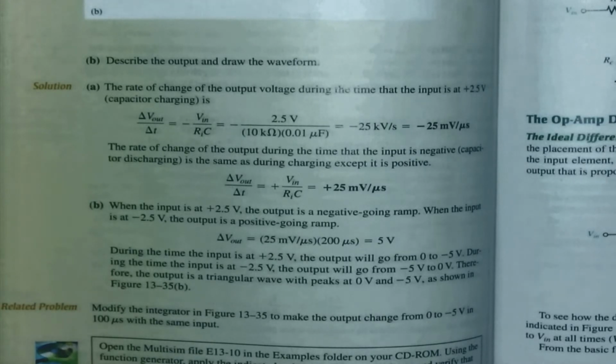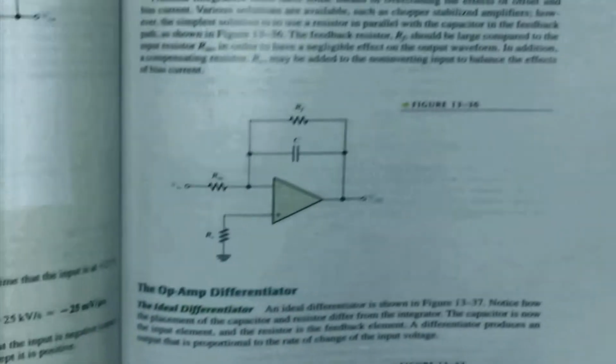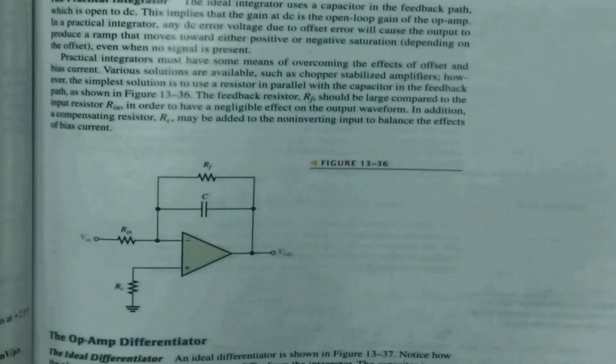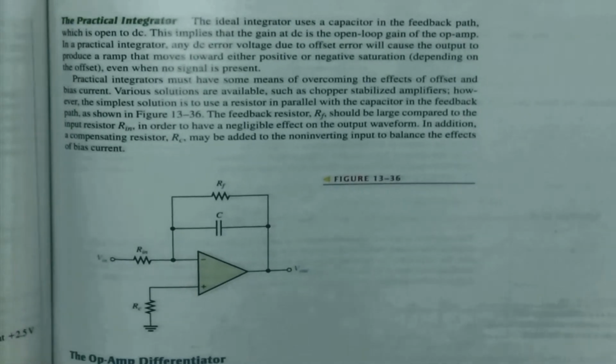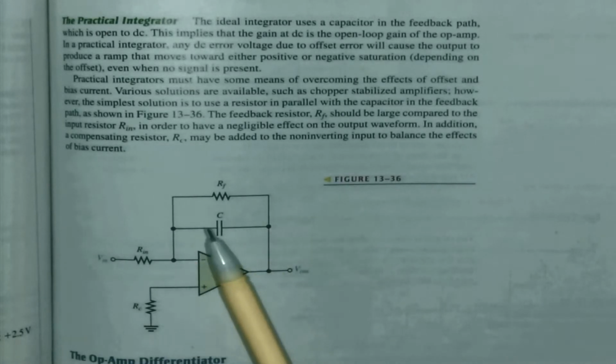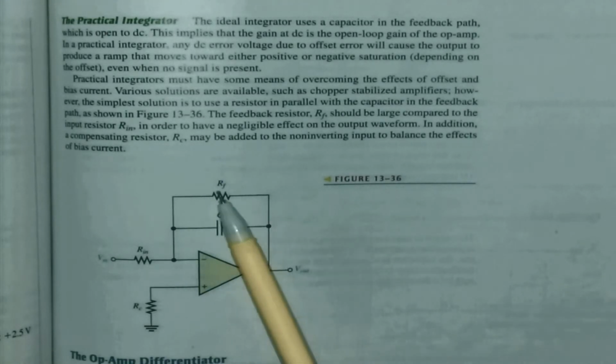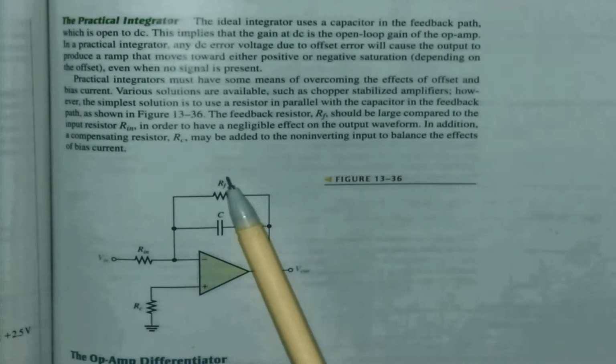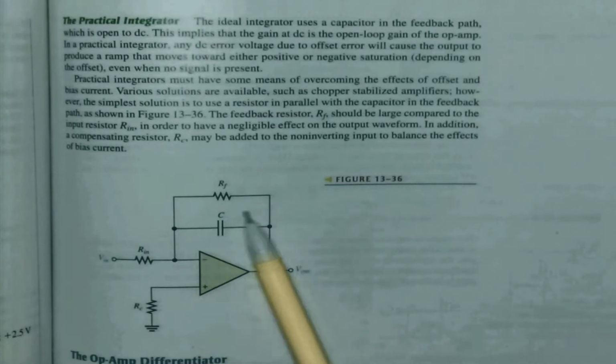The next thing we're going to look at is the practical integrator. There's my practical integrator. We have a look at the circuit. We still have the capacitor in the feedback loop, but we normally put a fairly high resistance in parallel with the capacitor.